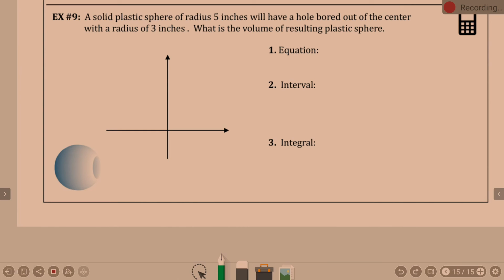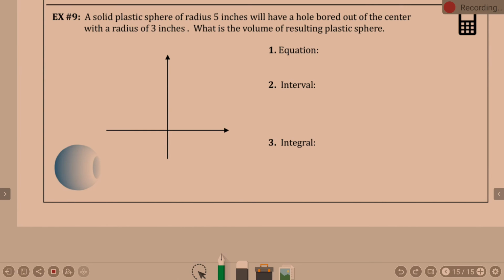This picture is in my notes, but I didn't really get it until I saw it in color. So sphere, right? A ball, but there's a hole bored in the center. You could take a pencil and stick it through the center. It's hollow in the center.